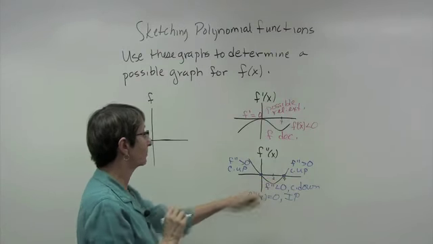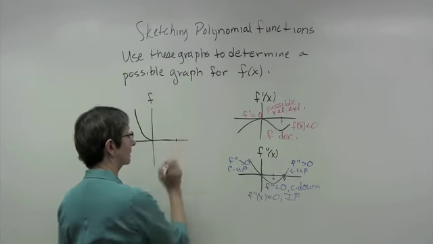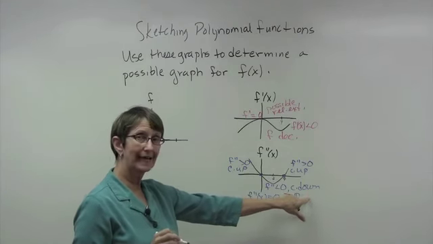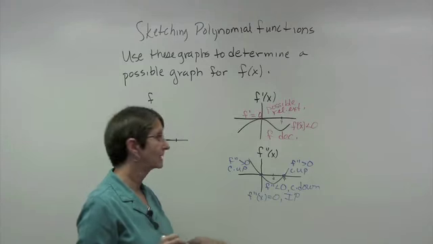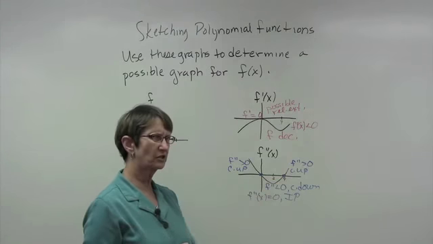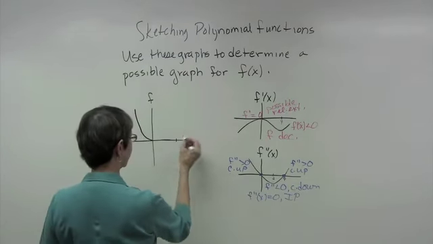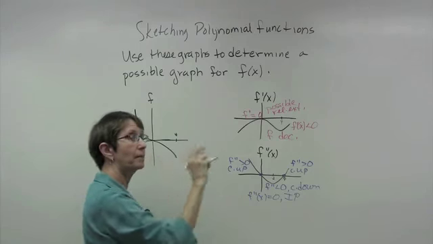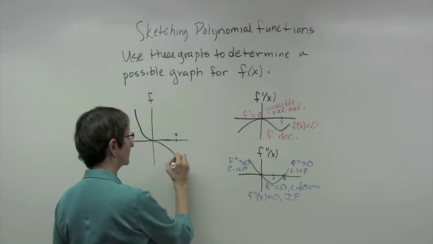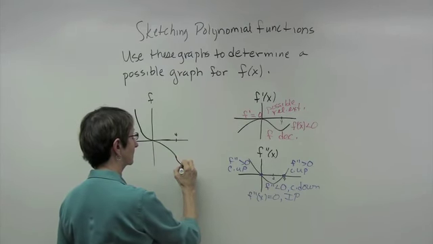After 0, from 0 to 4, our graph is concave down, but it's continuing to decrease. But when I get to 4, it changes to concave up. So let's say this is 4, and down here somewhere, we're going to be concave down to that point. And then it's going to change to concave up, but it has to continue to decrease.